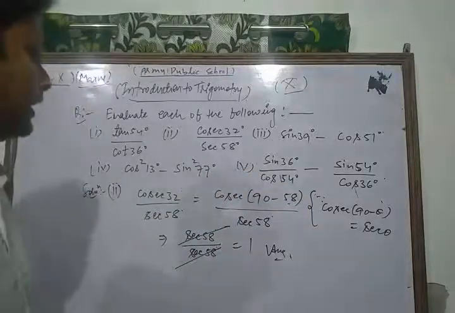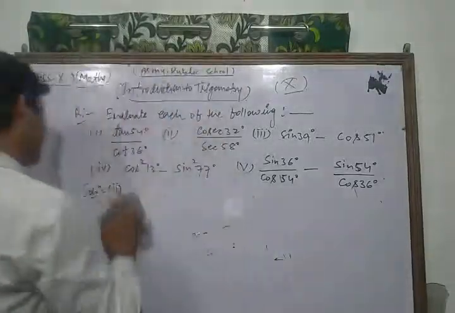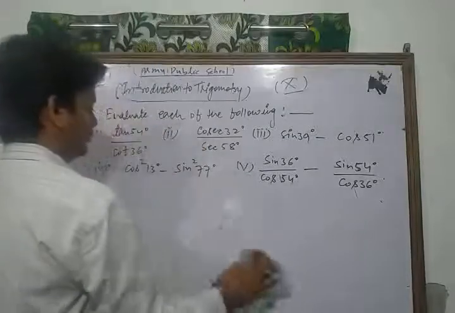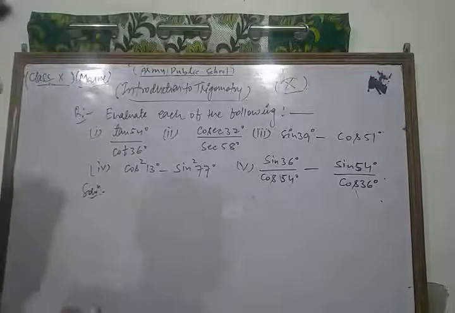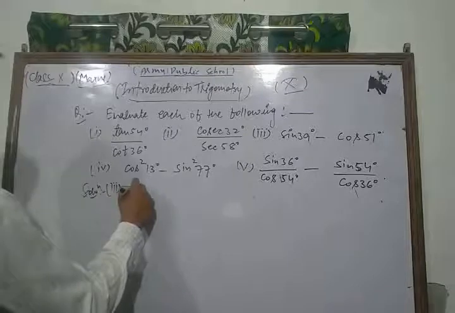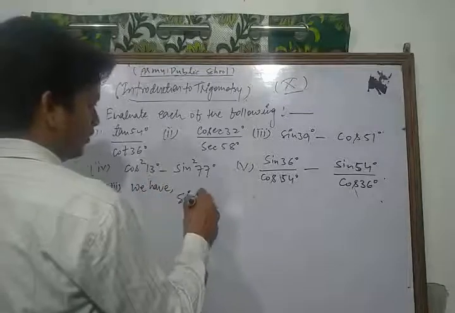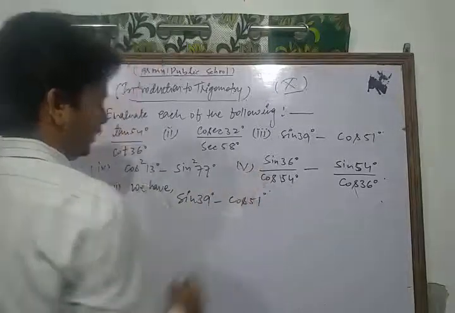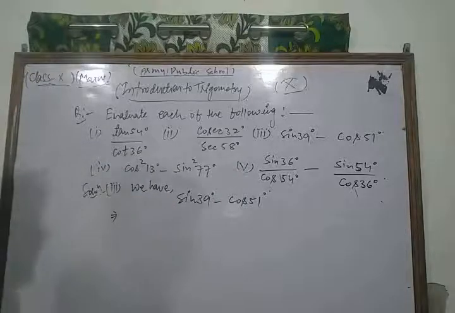Now we take and solve the third part of this question. We have sine 39 degree minus cos 51 degree.